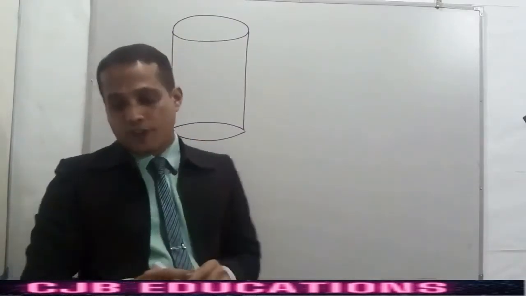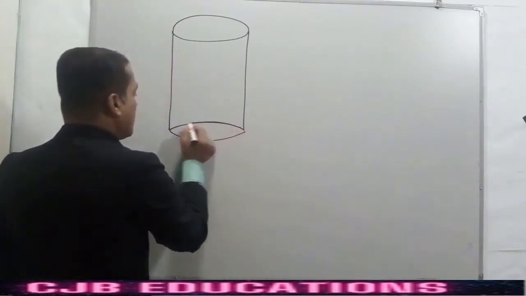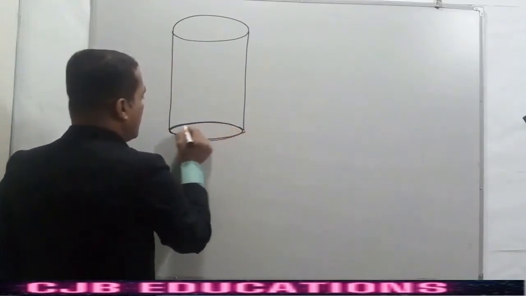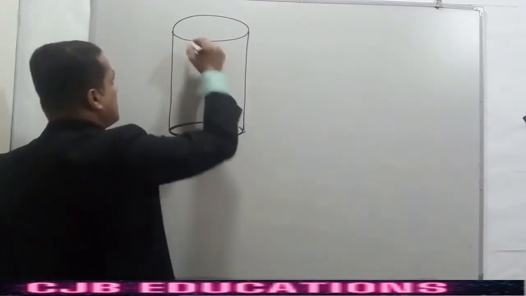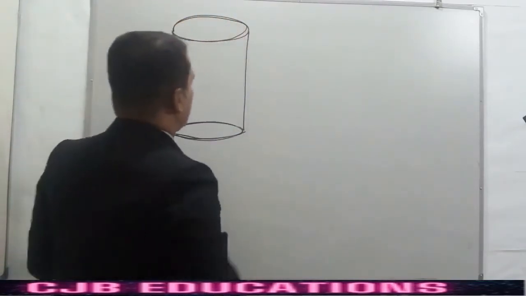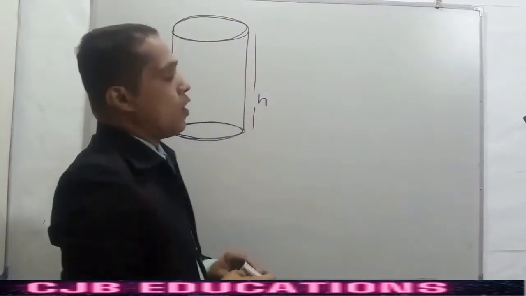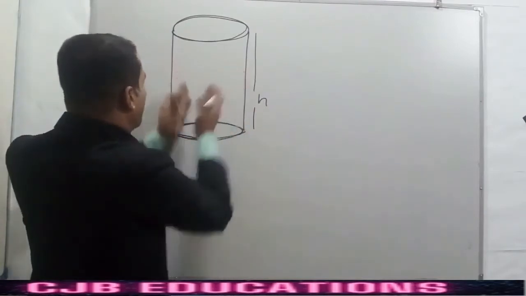If we know, this is the circumference of the underside. This is the circumference of the upper side. Then this is the height. How do we find this curved surface?